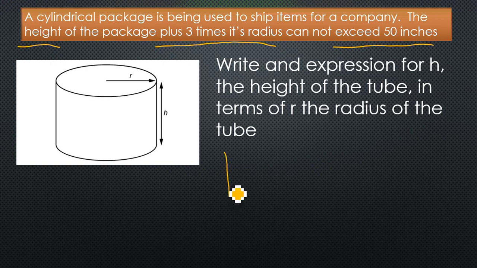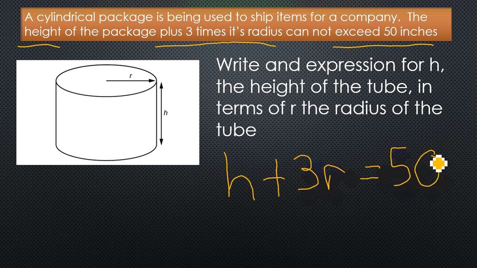So the height of a package, h, plus 3 times its radius, r, equals 50. Okay, so that means if we take the height and then 3 times this radius here, we want it to equal 50. Now since it says write an expression for h, at this point we want to go ahead and solve this equation for h.